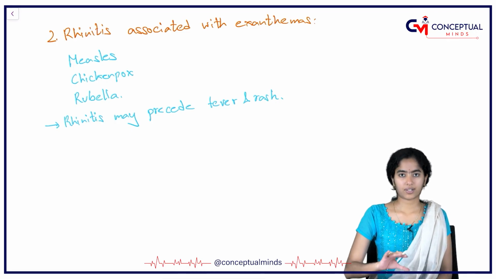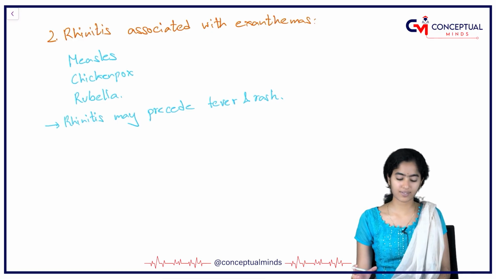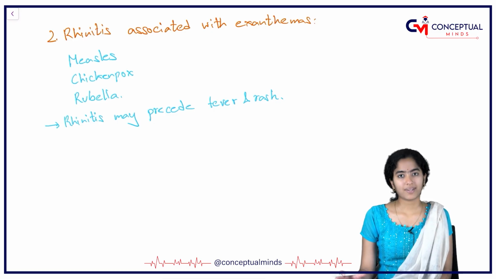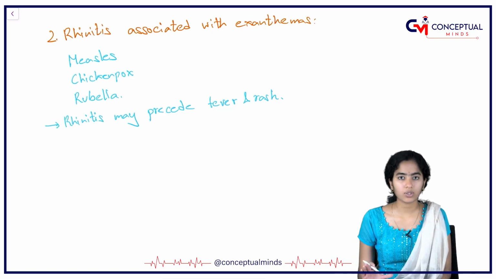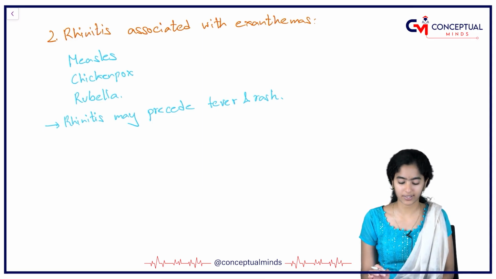Now, why we have studied them separately is, sometimes in a patient of measles or any of these fevers, when we are taking the history of the patient, they usually begin by saying that it all started just with a common cold and then it has come this far. So this is a clue that in these fevers, sometimes they are all preceded by rhinitis.